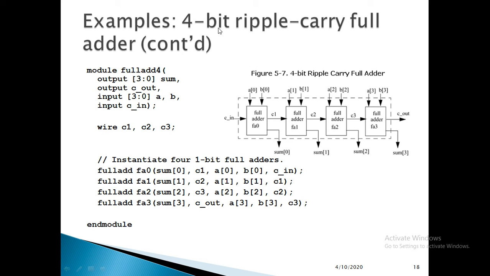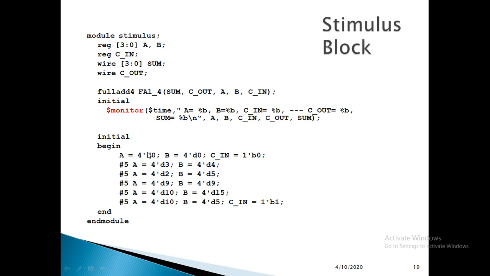If we have to construct a 4-bit ripple carry adder, then we use 4 1-bit full adders. Here you see this module fulladd4, output sum and Cout, and inputs A, B, Cin. Here these are the connections, and here the 1-bit full adder is instantiated 4 times. This is the stimulus block. You have to verify this in the Xilinx simulator.